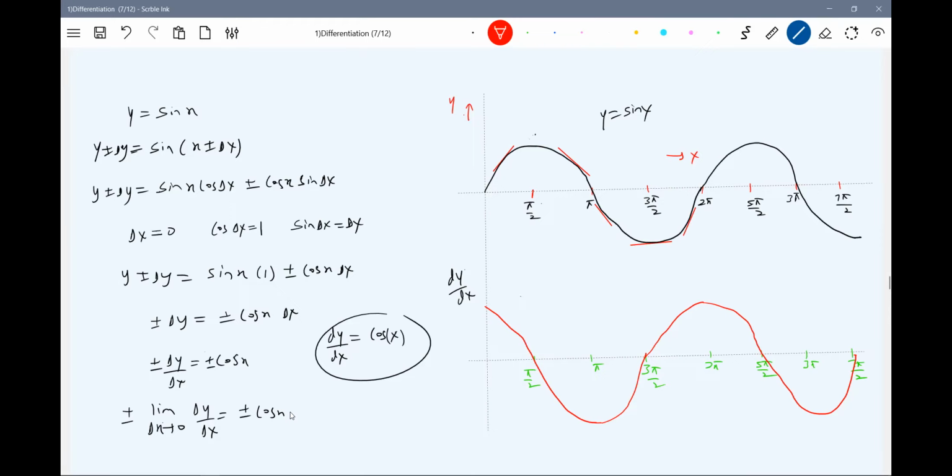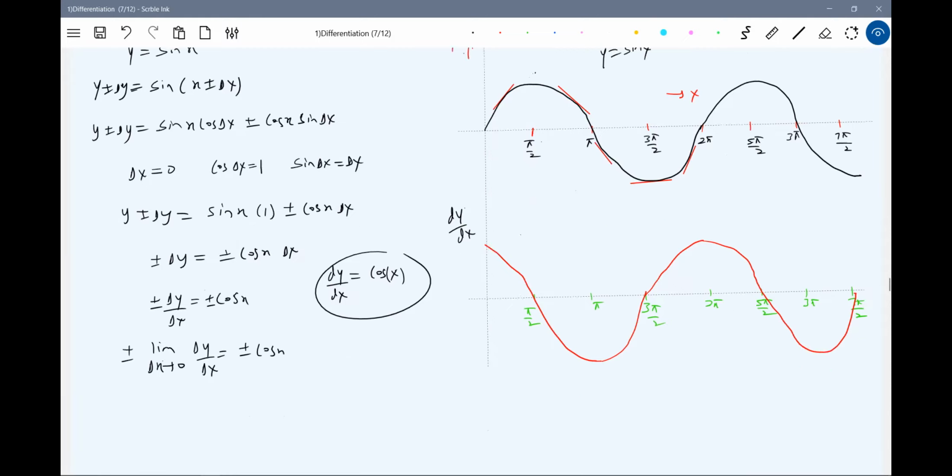Here slope is positive, then slope negative, again negative, 0, positive. So positive slope decreases, becomes 0. Negative slope increases, becomes maximum. Negative slope decreases, becomes 0. Similar to the cos graph. So the derivative of sin x is how much? Cos x.